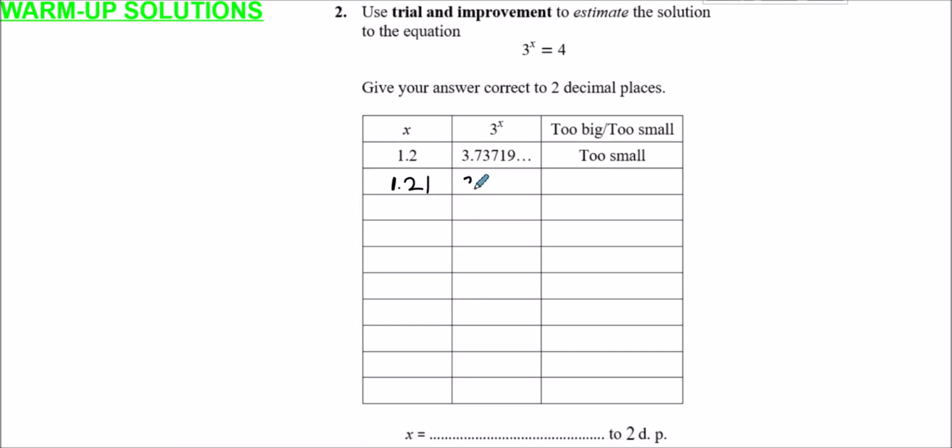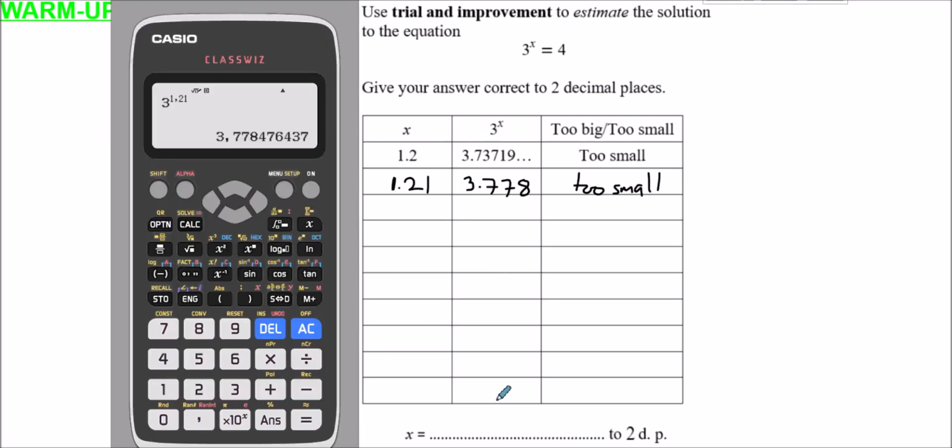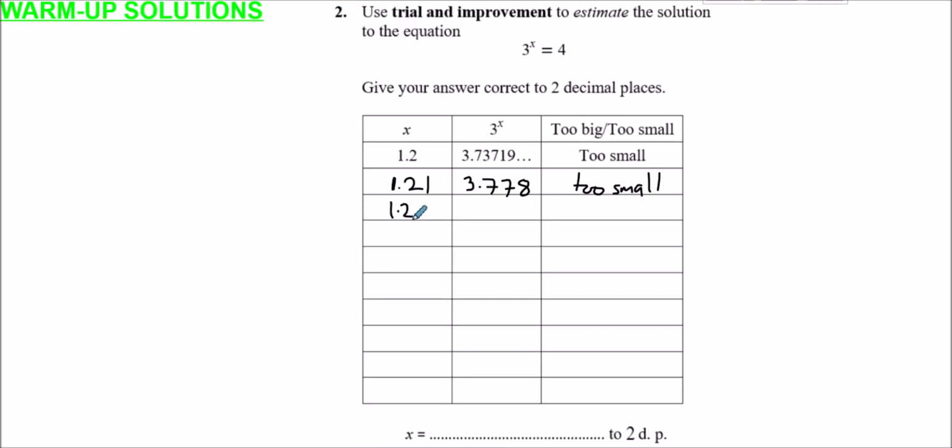So that's obviously still too small. So let's keep going up and see what happens. We'll eventually get to 4 or over. So go to 1.22, 3.820. Again, still too small.